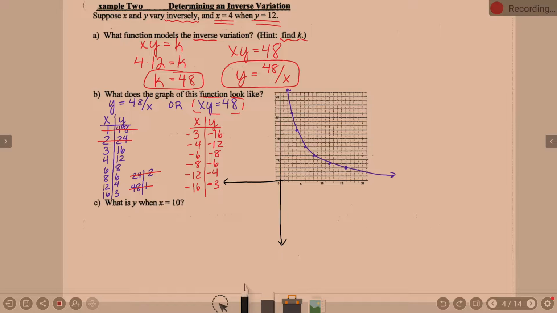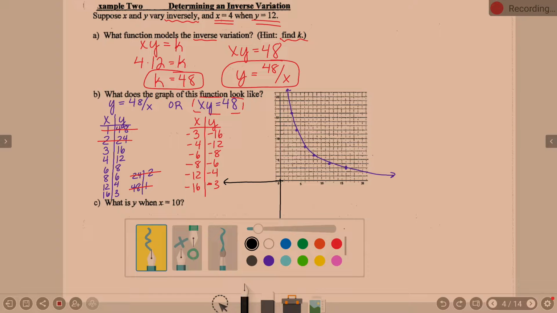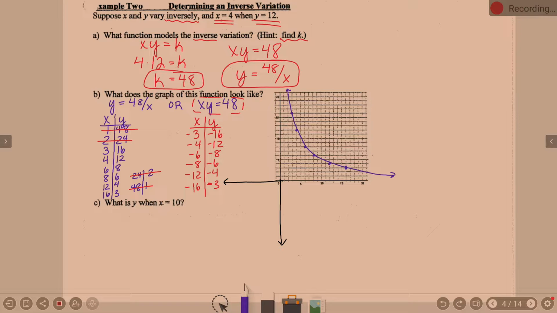Negative 3, negative 16 would take me left 3 down 16. We'd go left 4 down 12, left 6 down 8, left 8 down 6. Can you visualize this? A similar graph that is reflected. And I'm not going to graph the specific numbers, but if I just graph the shape like that, does that give you the idea?